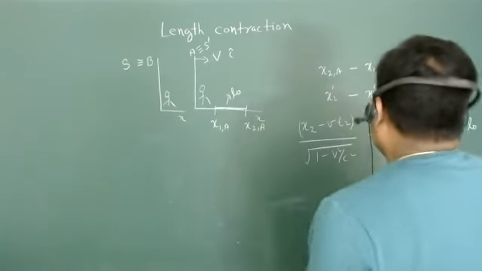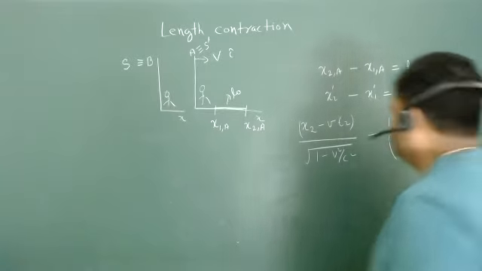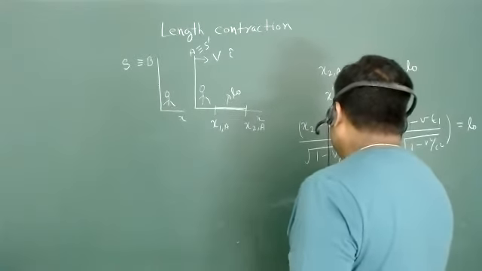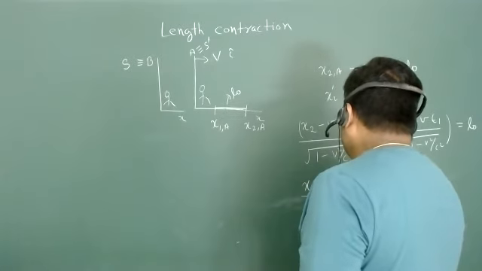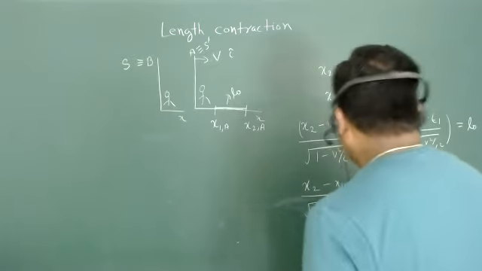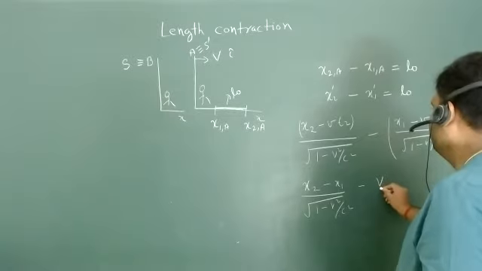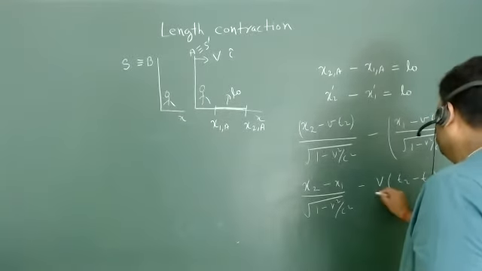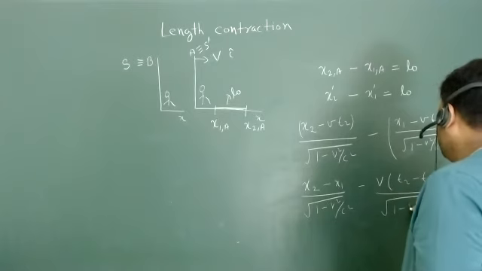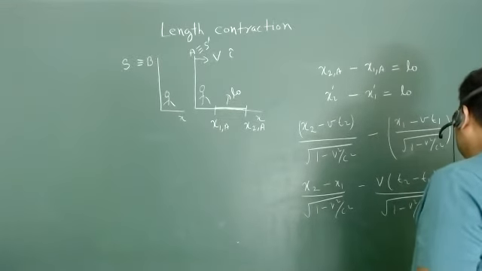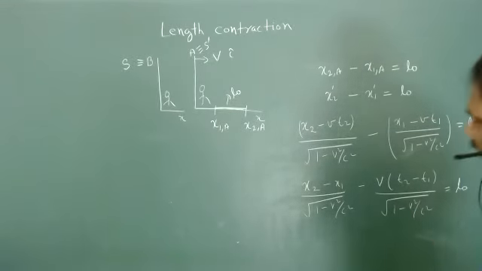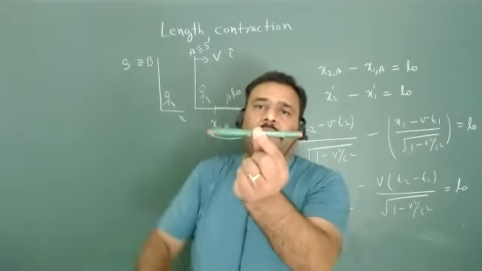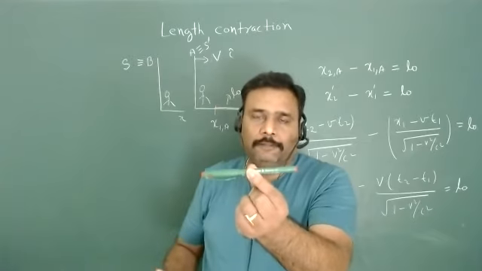I can take the spatial part together and the temporal part together. So I have x2 minus x1 over root under 1 minus v squared by c squared, minus v times t2 minus t1 over root under 1 minus v squared by c squared, must be equal to L0. And yes, we just want to see these two lengths simultaneously because I have to perceive what the length is.